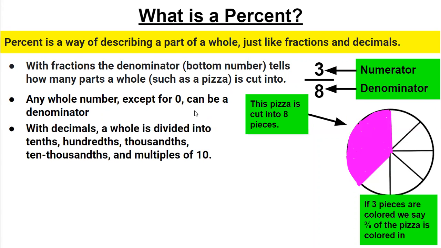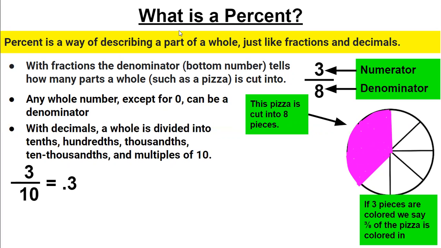With decimals, a whole is divided into tenths, hundreds, thousands, 10,000s, 100,000s, millions, all multiples of 10. So decimals have a 10 base. So 3/10, that's a pizza cut into 10 pieces, of which 3 are colored in, is the same as 0.3 as a decimal.